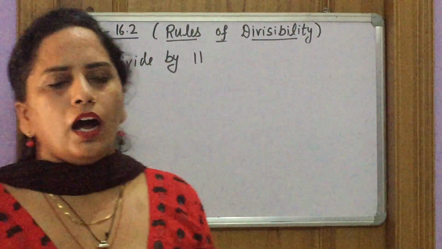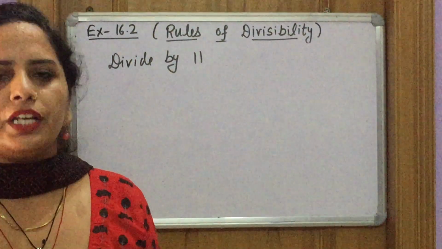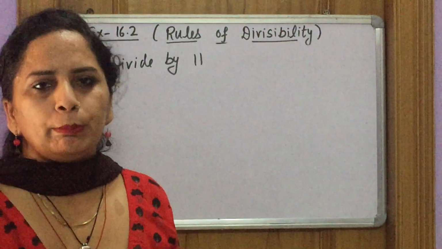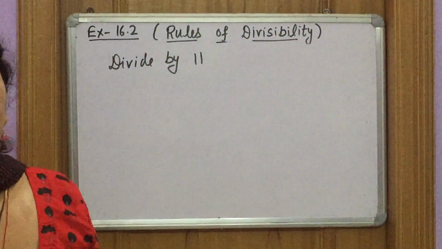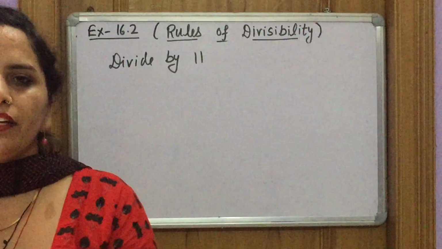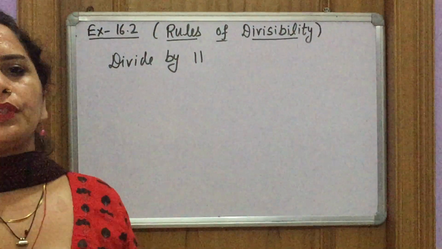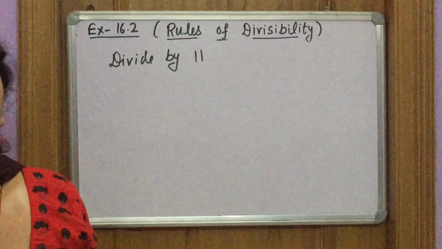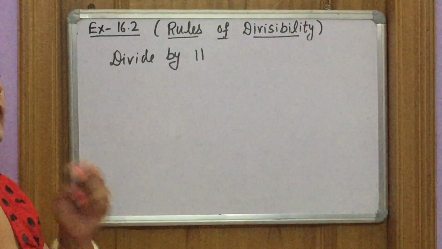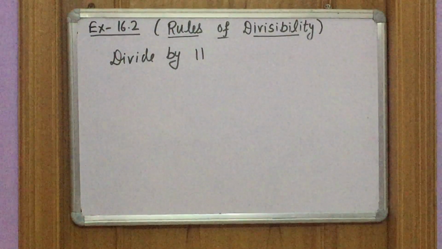Just find out the subtraction of even position numbers and odd position numbers. And if the final answer is either 0 or 11, 22, that means if the subtraction is divisible by 11, then we will say that this number can be divided by 11.